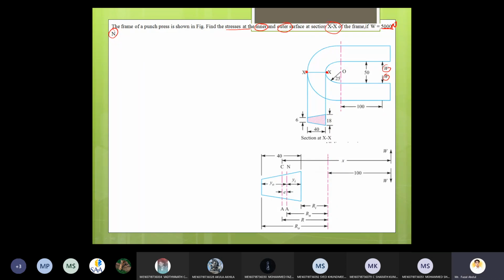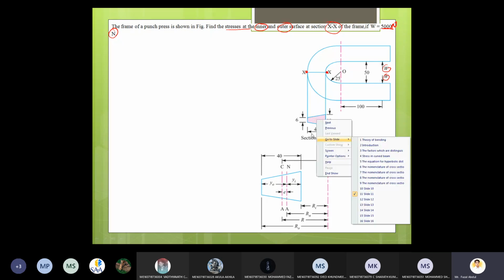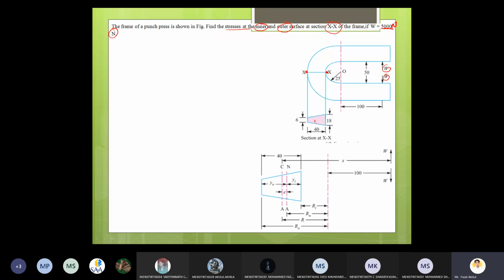And for this particular figure, this is the central axis line and this is the neutral axis, so they are drawn separately, central axis and neutral axis. So we are converting this into a space diagram.